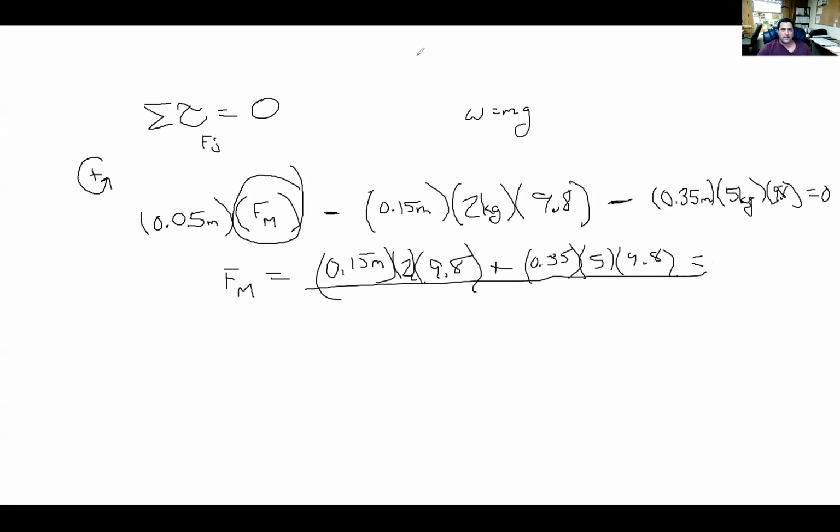Divide that whole thing by your 0.05 meters to get FM.